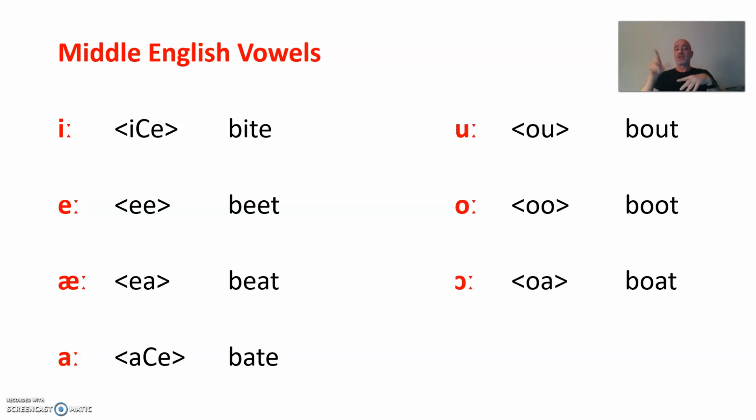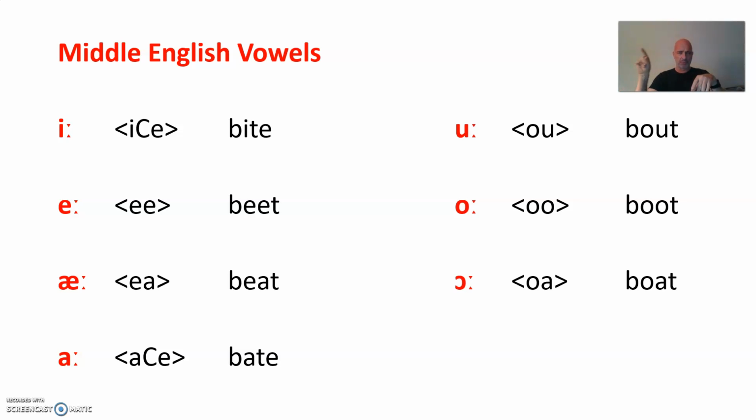The velar side, you have the long U, usually spelled with an OU. So boot. Today bout, but boot. Then you have a long O, spelled with a double O. So bought, boot, bought. And then you have an open O, usually spelled with an OA, as in bought.